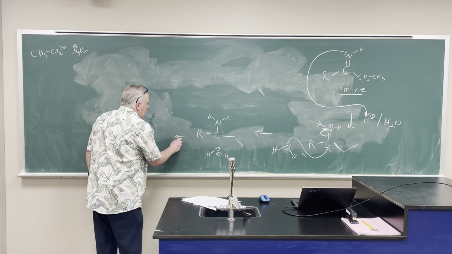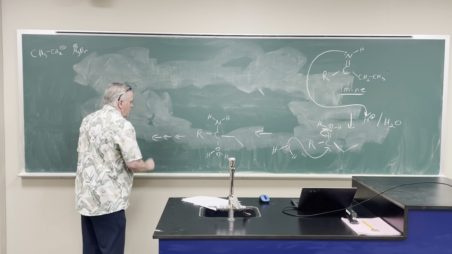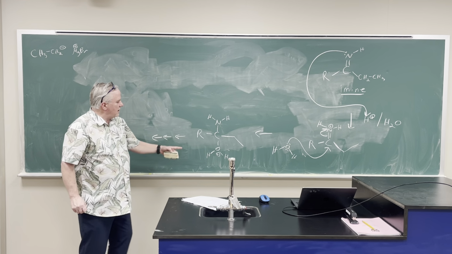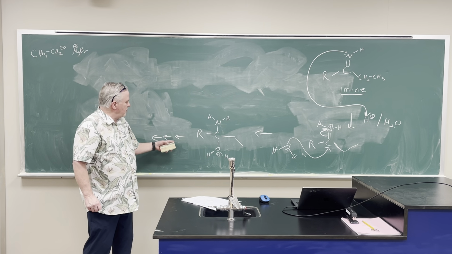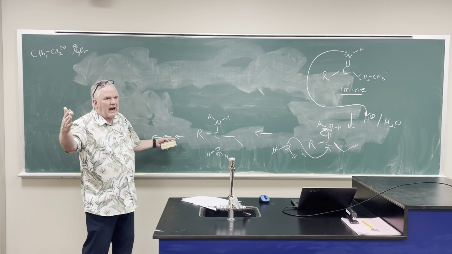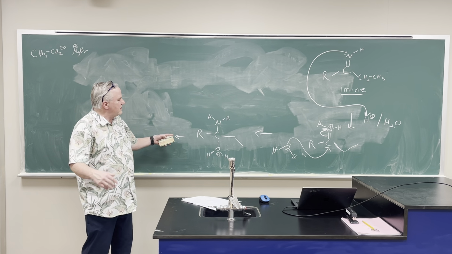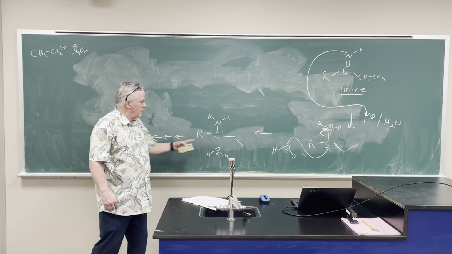So I'm going to cheat. I'm going to go through. Something's going to come along and take that proton off. Then I'm going to have the neutral compound here with something that's dragging a proton around. Then the proton's going to float around and it's going to come up here and put a proton there. Okay?